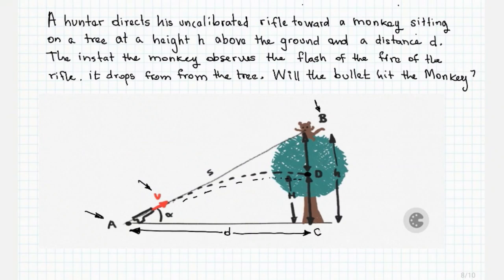But according to the geometry of the problem, let's go to the illustration real quick. I will call this point at the bottom of the tree point C, and I have the triangle here.